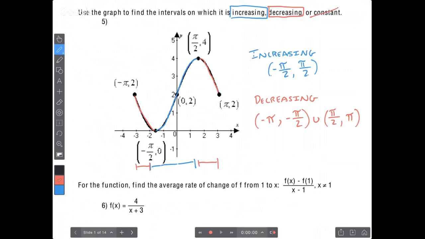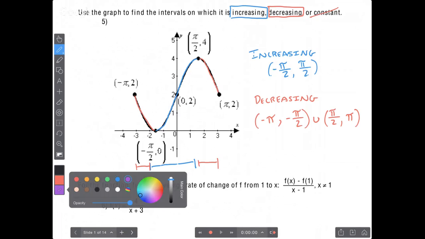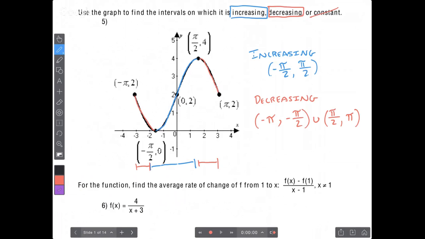Things we should know on top of this, the problem didn't ask about: when we change from decreasing to increasing, that's a minimum point, and when we change from increasing to decreasing, there's a maximum. Easy. Agreed, Ben. Let's move on.